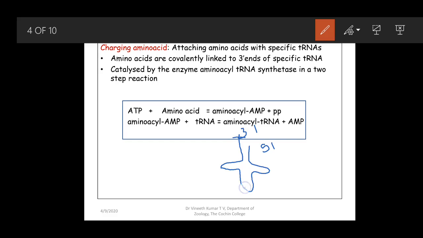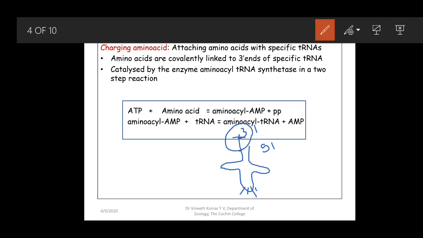Specific amino acid means the amino acid should be perfect. Whatever the anticodon is, the amino acid corresponding to this anticodon should be added to the 3' end of the tRNA.